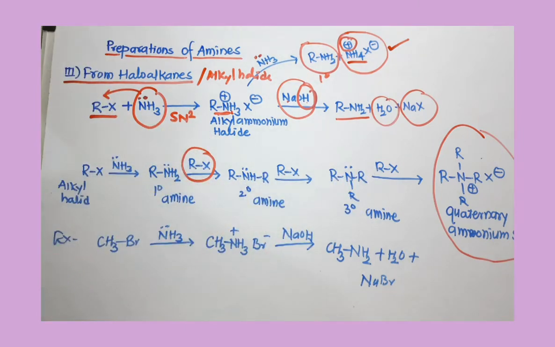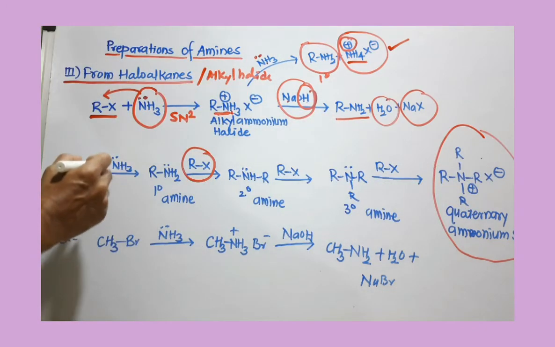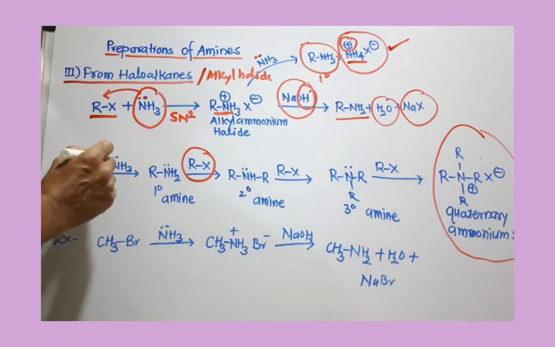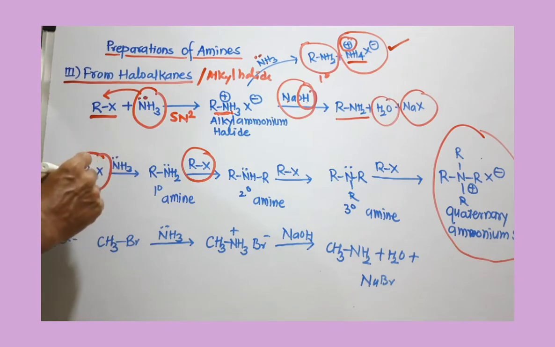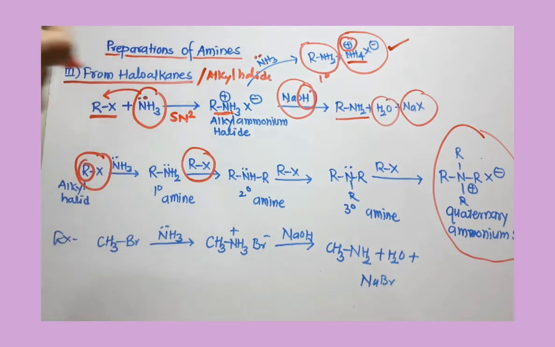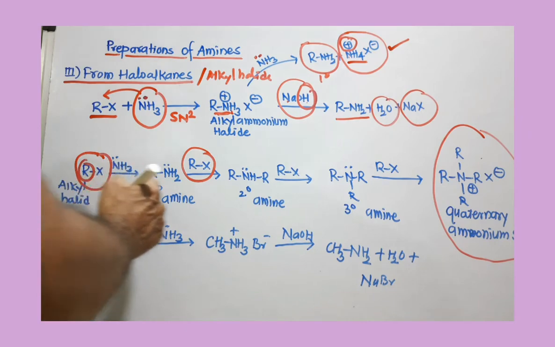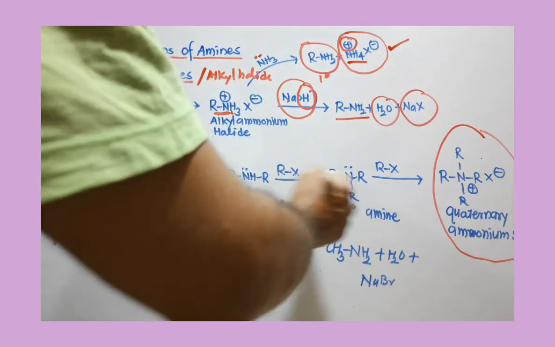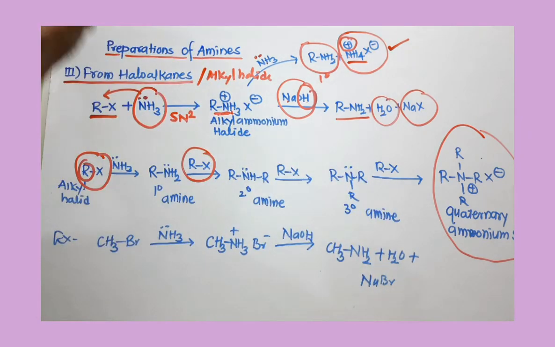But this route is followed more easily when R is a smaller group. If R is bulkier, it is very difficult to form secondary and tertiary amines because of steric hindrance.